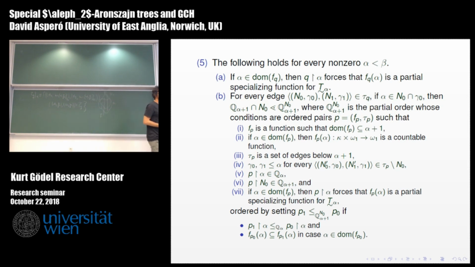Sorry, maybe I misspoke. So globally, this forcing is omega closed? Yes, it's sigma closed. But it's not kappa-cc, is it? It's kappa-cc, that's what I mean. That's the main part of the proof.